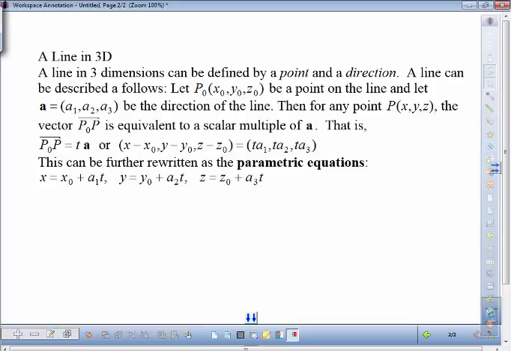All right, a line in 3 dimensions can be defined with a point and a direction. A line can be described as follows.